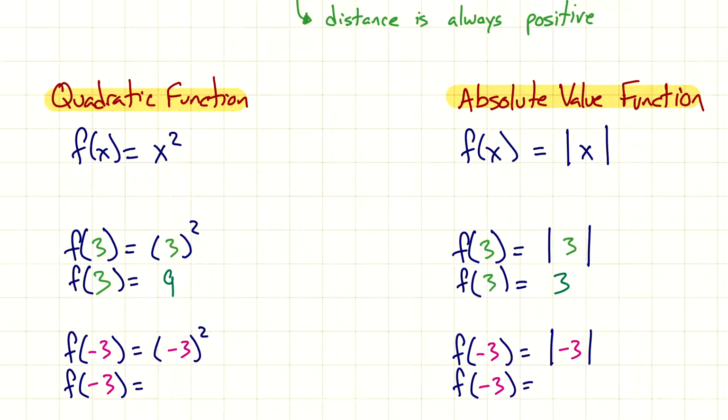All right, so how does that change if we plug in a negative number? Well, similarly, we're going to plug in a negative 3 to our x squared. So x squared becomes negative 3 squared. That's the same thing as negative 3 times negative 3.